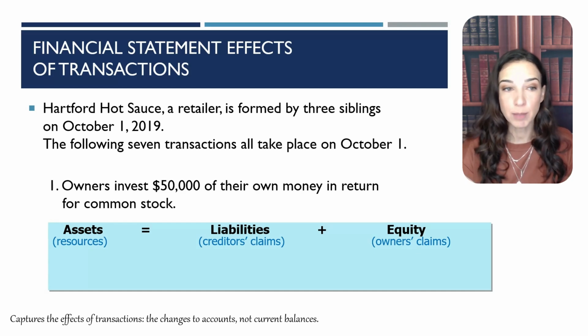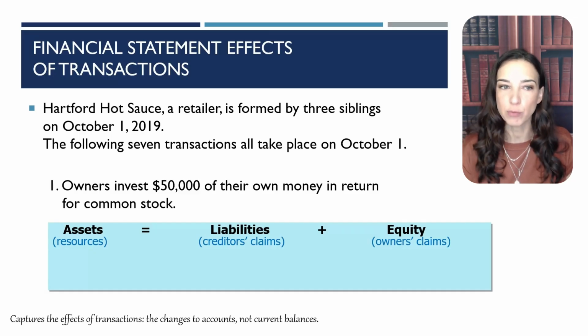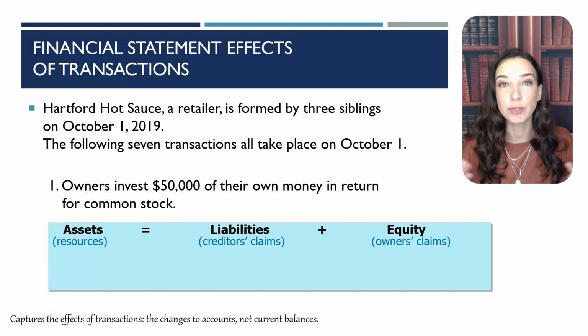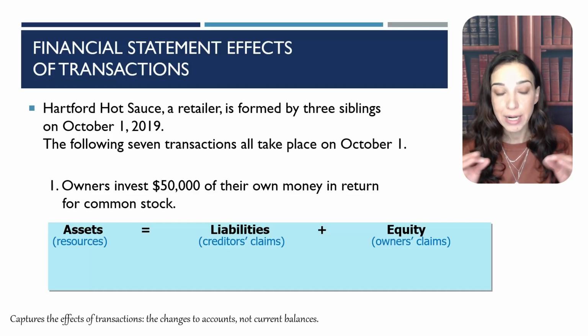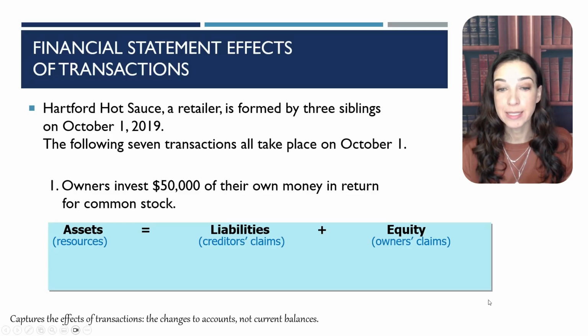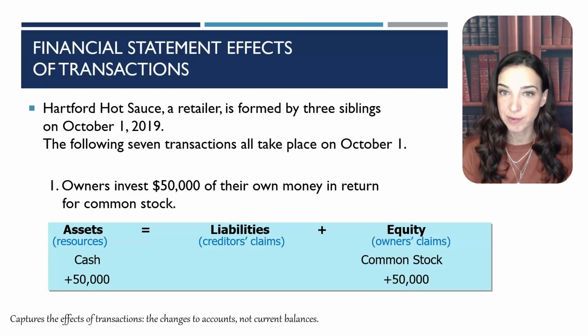So transaction number 1 is a transaction typical of how every company actually gets formed. Owners invest $50,000 of their own money in return for common stock. We're going to ask a question: what accounts are impacted, in what direction, and by how much? And in this example, what's happening is that on the asset side, the cash is impacted because the business now has $50,000.